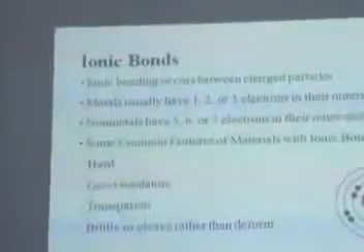Non-metals have basically 5, 6 or 7 electrons in their outer shell. This you can see, how the things are going to make a bond.